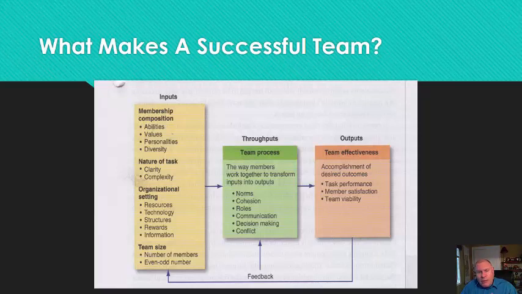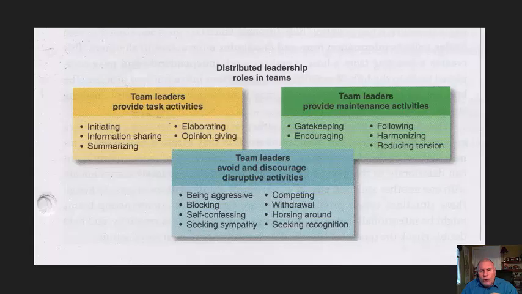Now let's look at some of the roles that we have and what team leaders actually do in a team. And these can be distributed out to members of the team. One person doesn't have to be the leader who does everything. There can be multiple leaders with different tasks. And if we look, they provide task activities.